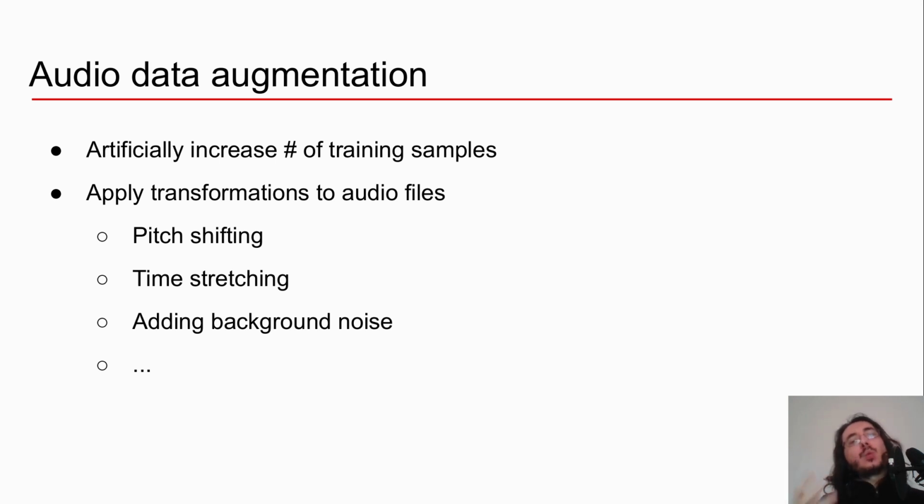In that way, we are able to recreate artificial versions of the original training samples, so that we're going to have more data, which hopefully is going to prevent us from overfitting.